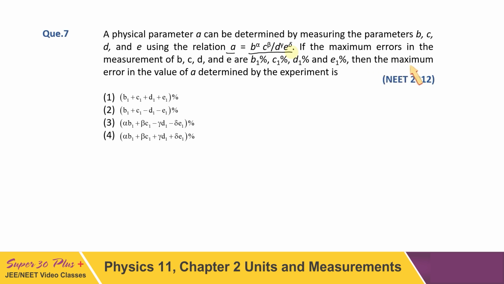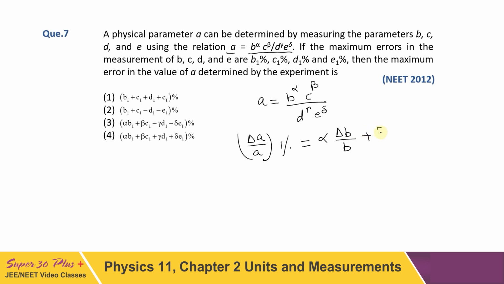Then it is asking for the maximum error in the value of A. Now, as the expression is B to the power alpha, C to the power beta upon D to the power gamma and E to the power delta, if it is asking delta A upon A, of course that is given in percentage, so that will be equal to alpha times delta B by B plus beta times delta C by C plus gamma times delta D by D plus delta times delta E by E.